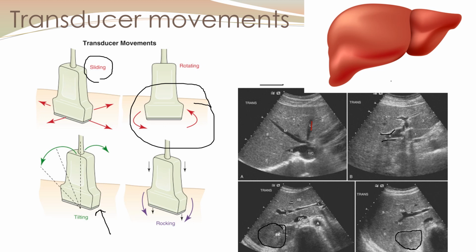I can't really tilt because I'll lose contact with this end of the probe. So my other idea is to rock my probe this direction so that it would move my image that way, an inch or so, and include the medial tip of that left lobe of the liver. So rocking can be very helpful to center whatever anatomy you're looking for on the screen.